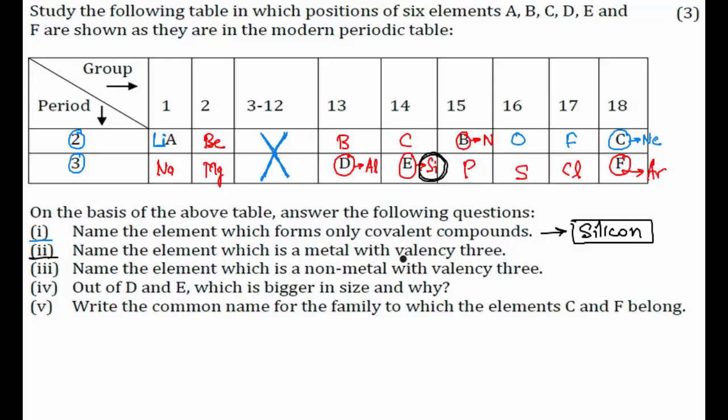First we have to see what this valency is. We know this concept. First we know what valence electron is. Valence electron is the number of electrons in the outermost shell.